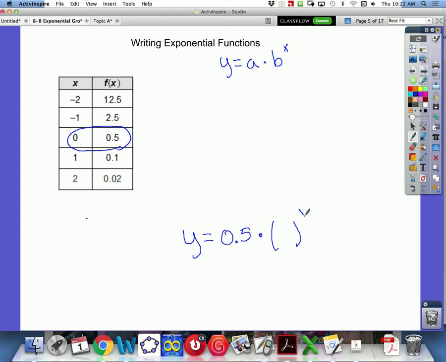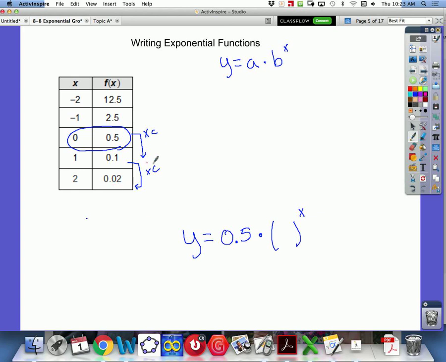And now we have to figure out our growth rate. Normally, when it's multiplying, that means it's this number times a constant to get to this one. And then it's this number times a constant to get to this one.